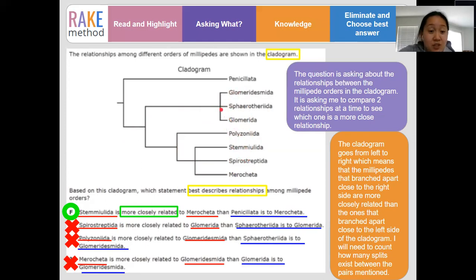So Mariquita is actually less closely related to Glomeridesmida because it's 4, compared to Glomerida and Glomeridesmida, which is 1. So basically, the only reason why F is right is because the comparison is correct, right? So you're just counting how many times these pairs are split from each other. So like I said, it's a bit tedious, but if you do it, it's an easy freebie point for you to get.